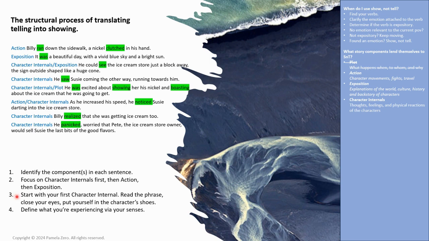Start with your first character internal. Read the phrase, close your eyes, put yourself in the character's shoes, and define what you're experiencing via your senses. So, character internal. He could see the ice cream store just a block away. If you close your eyes and imagine you're running down the street like Billy and you see the ice cream store, it's just a block away.